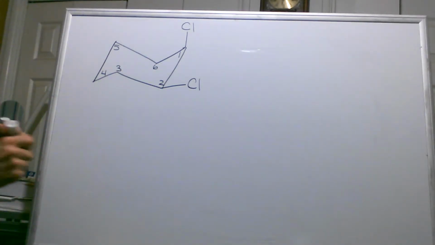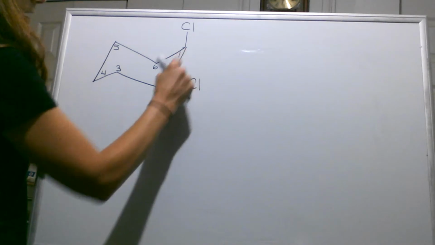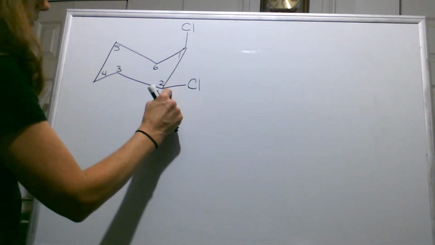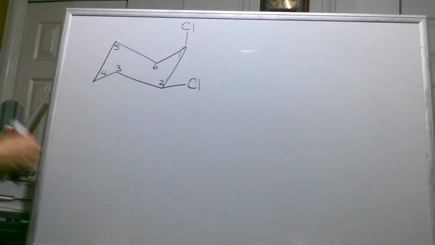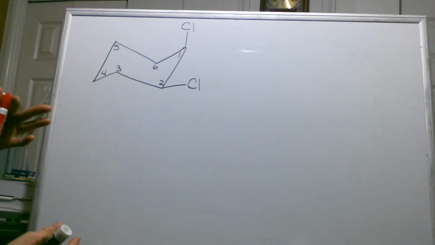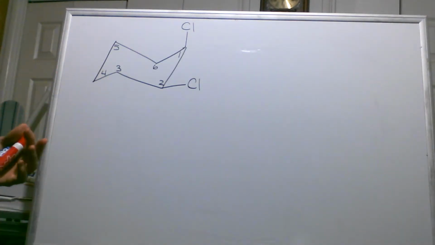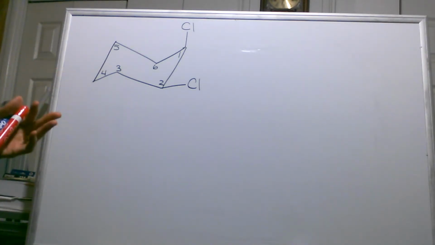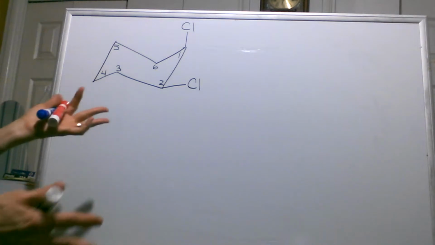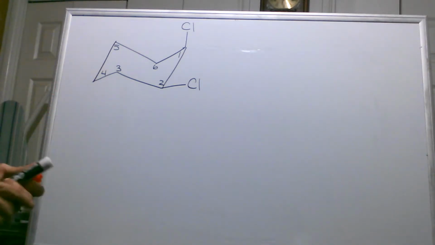It actually doesn't matter if I numbered this one 1 and this one 2, or this one 1 and this one 2. You're going to find the same information reflected in the composite in both versions of the chair positions. So it really doesn't matter, and I think that's important to note because there are a lot of things that do matter. This happens to not matter. So we number the carbons.